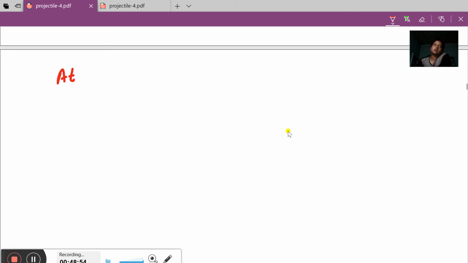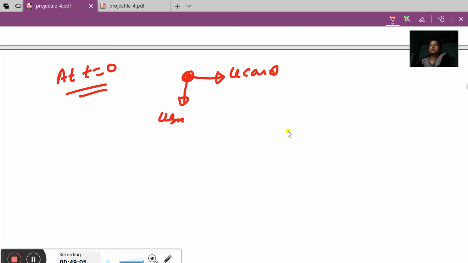At t equals 0, initial horizontal speed is u cos theta, initial vertical speed is u sin theta.